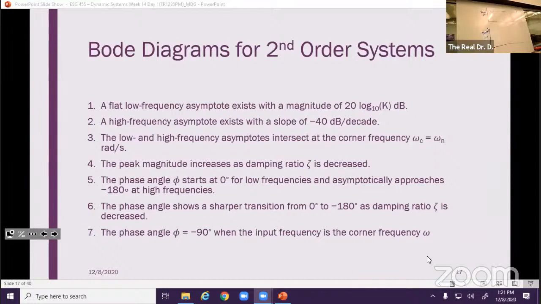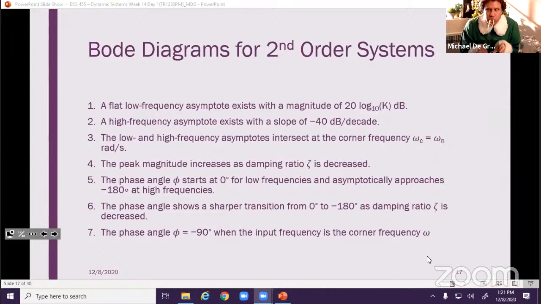So first order minus 20, second order minus 40, third minus 60, fourth minus 80, and so forth, till the end of time, or until you get tired of doing that. Which for me was 4. So we got minus 40 dB per decade.